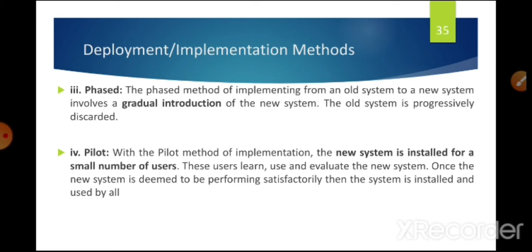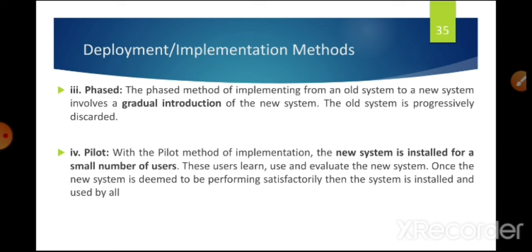Those 10 users will use the system and identify any errors or drawbacks, or they will learn the new system, and gradually the system is introduced to all the members. And this is also a good practice of implementation or deployment.